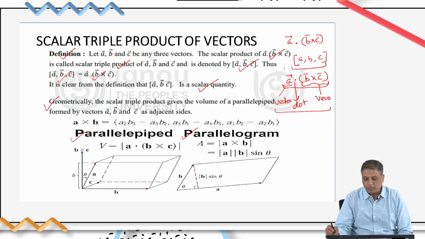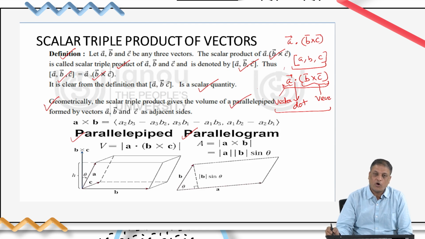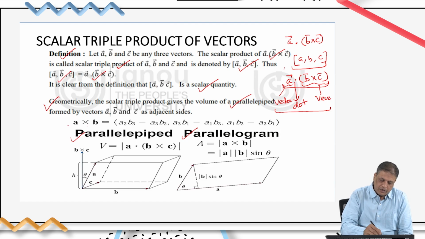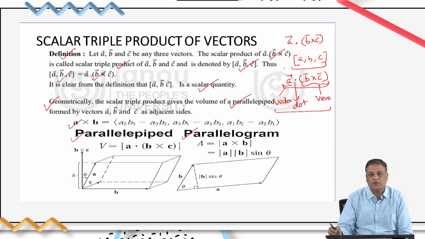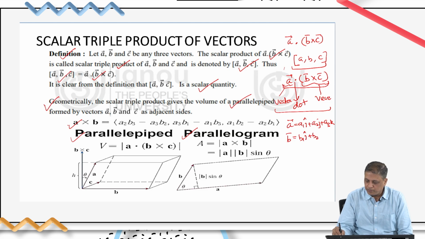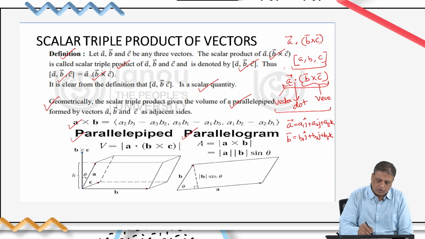Geometrically, the scalar triple product is used to determine the volume of the parallelepiped formed by the vectors A, B, C. If we know the component form, say vector A is equal to A1 i plus A2 j plus A3 k and vector B is equal to B1 i plus B2 j plus B3 k, then we can determine the cross product of A and B by this expression.